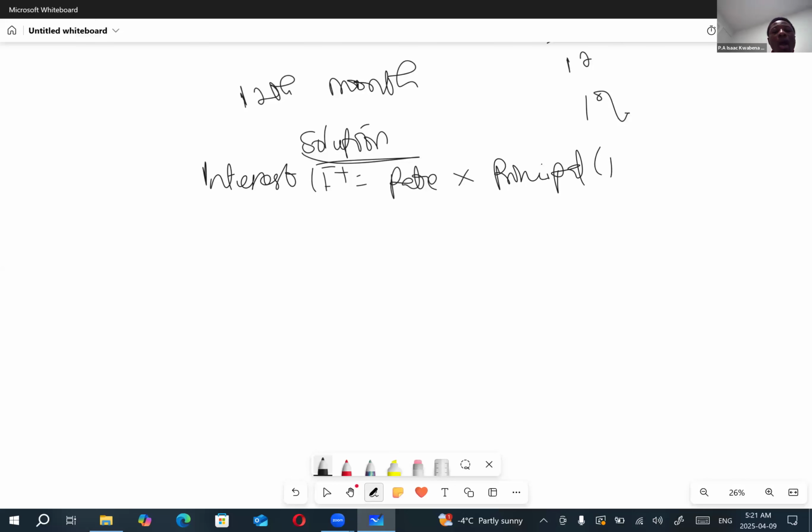Amount: I want you to find the amount at the end of the 2-year period and compound interest. So amount will be equal to interest plus the immediate principal.